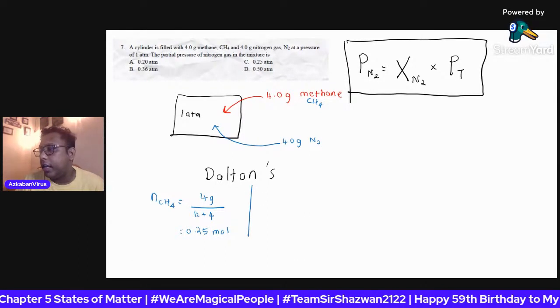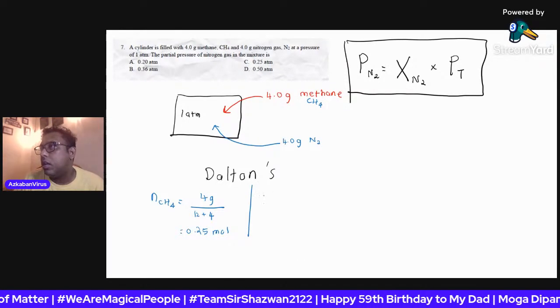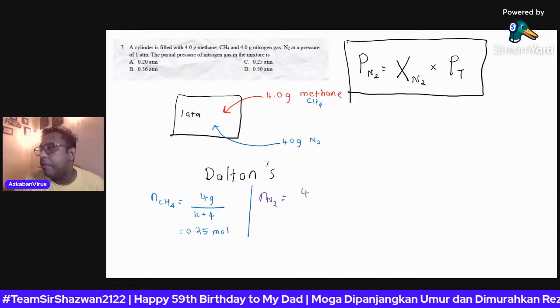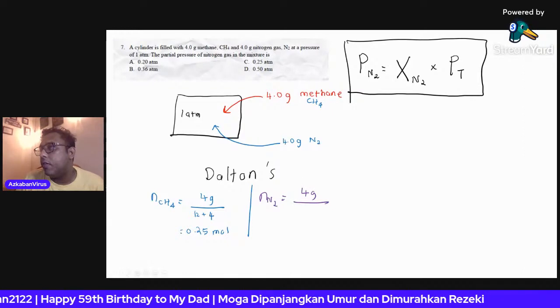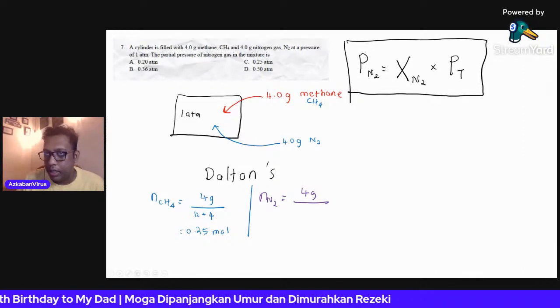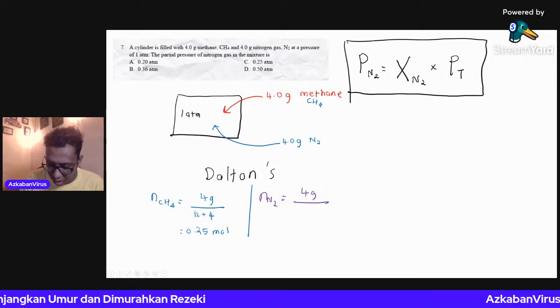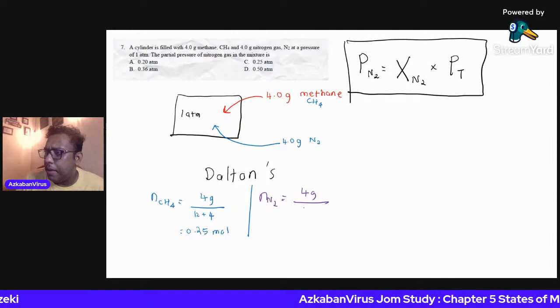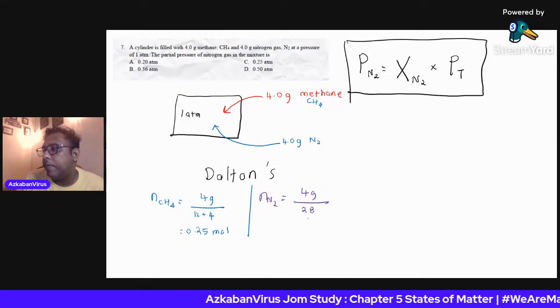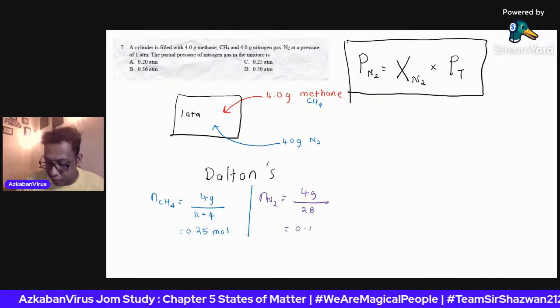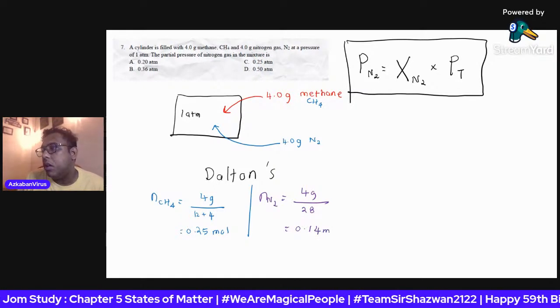Next, kita calculate mole of nitrogen gas is equal to juga 4 gram. And molar mass of nitrogen is 14, so 28. So 4 over 28 is equal to 0.14 mole.